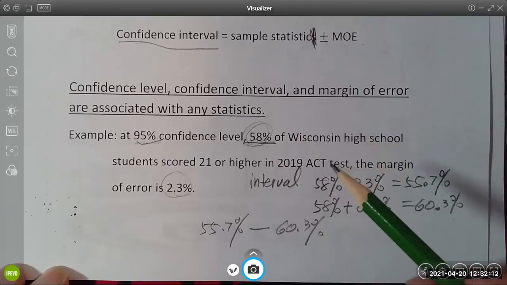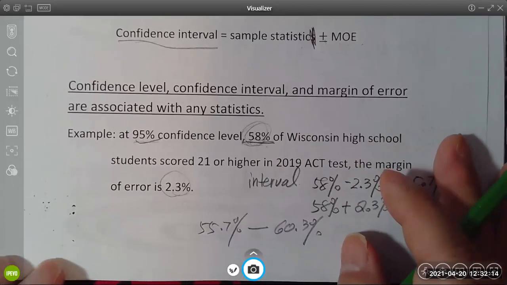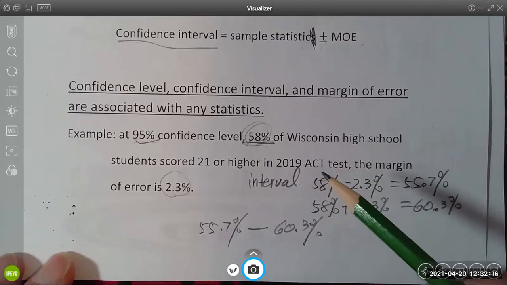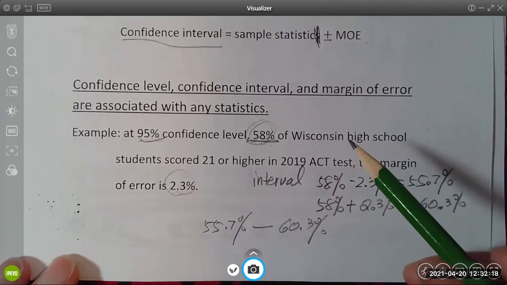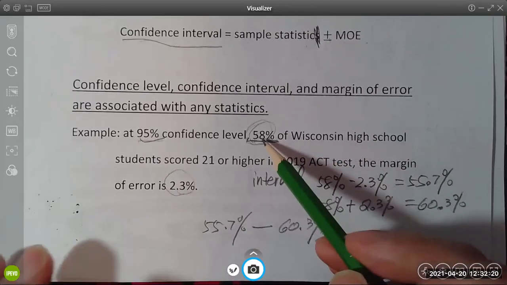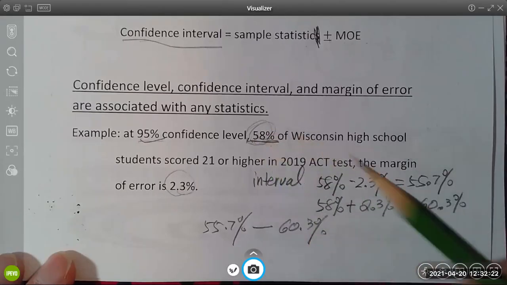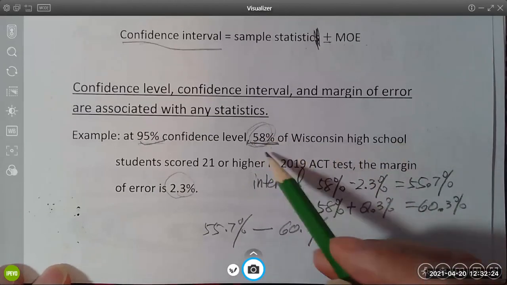But since we didn't use all of the students to do the calculation, there's no way we can know the exact percentage. This one is the one we get using the sample, so it will have some kind of error in it.